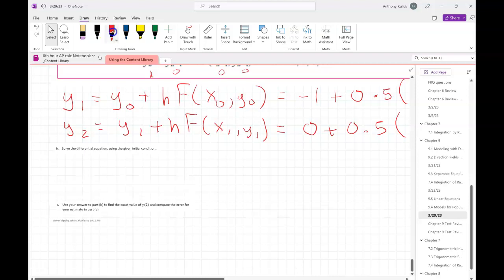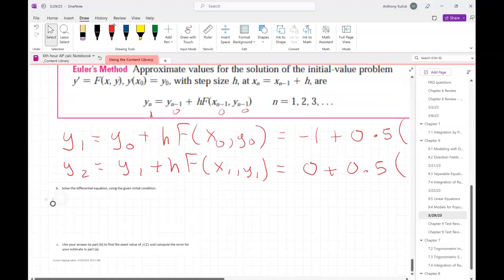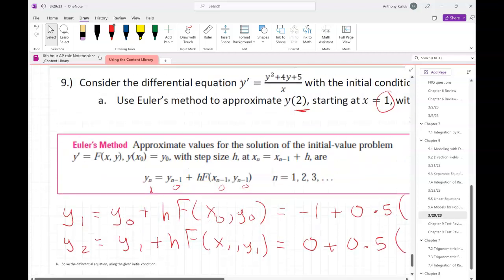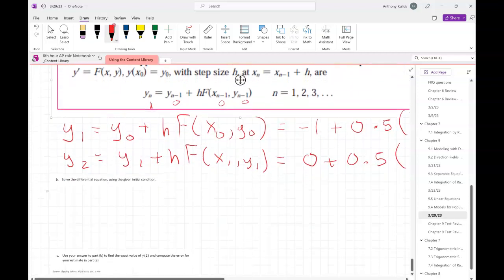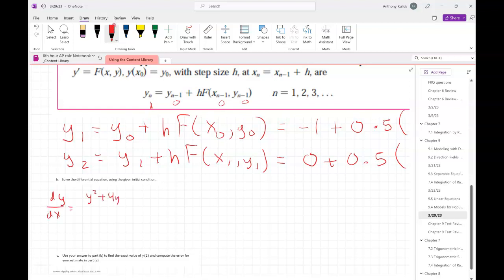Okay, then it says to solve the differential equation with the initial condition. So what are we going to do here?